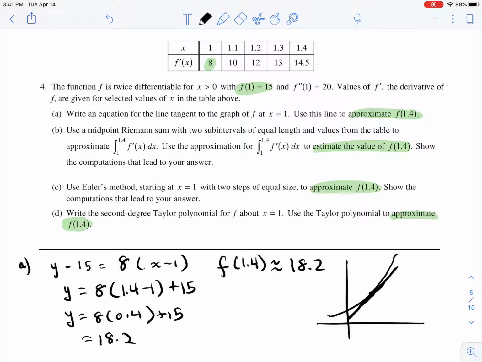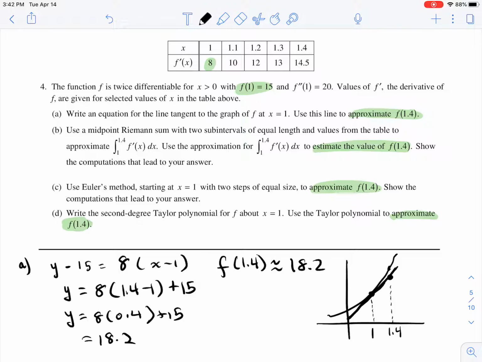What we're seeing here is, okay, if this is our tangent line at x is equal to 1, at 1.4, we're approximating some value, and we're doing that so that we can try to approximate the actual value at 1.4. So we're approximating f of 1.4 using its tangent line. So this is just a visualization of what we're trying to do here.